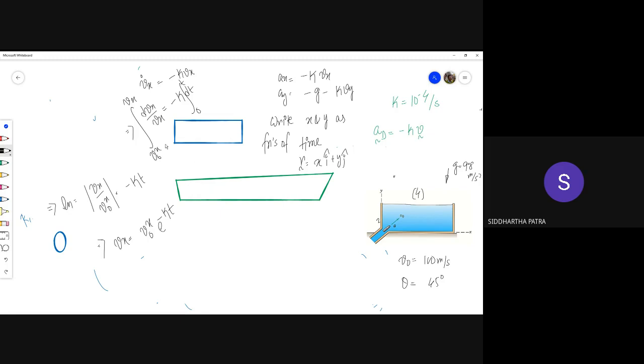Because I'm doing definite integrals, I shouldn't be bothered about constants of integration. And then I can proceed further to get x itself. So that is like x dot. v0x, of course, is a constant because it's the initial velocity. So, or dx dt. I can take it from here.